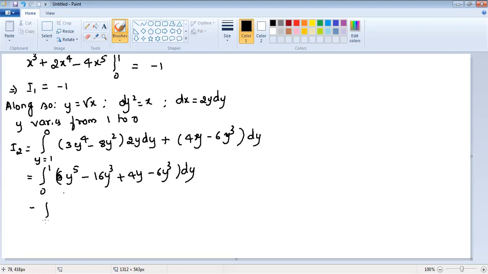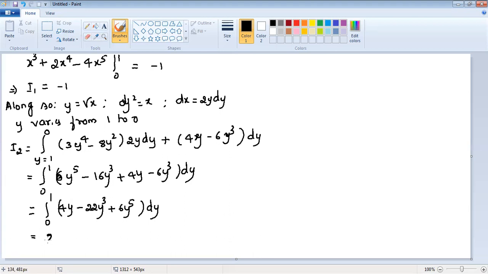This is equal to 0 to 1, 4y minus 22y cube plus 6y raised to 5 dy. Now we have simplified. You can integrate now.